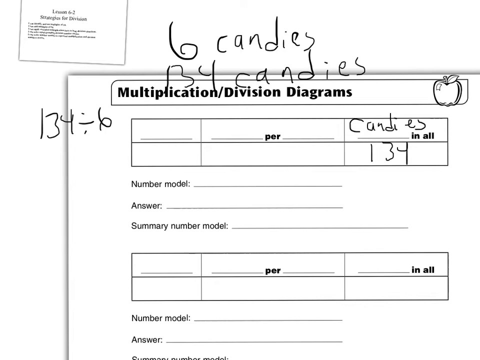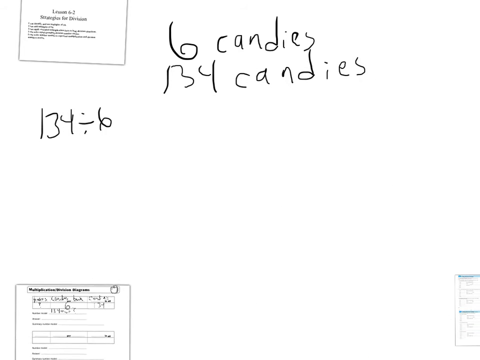We do know there are 6 candies per box, and we want to know how many boxes are needed. That's where our question mark comes in. So our number model is 134 divided by 6 equals question mark. I'm going to move this out of the way for now. We will get back to that.